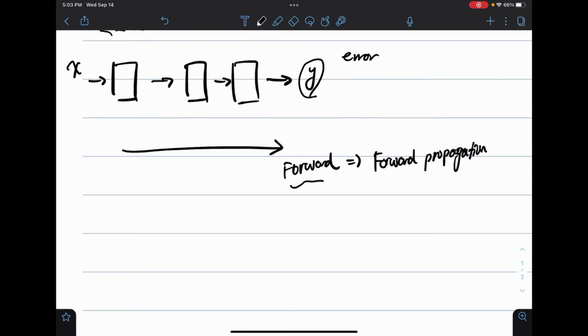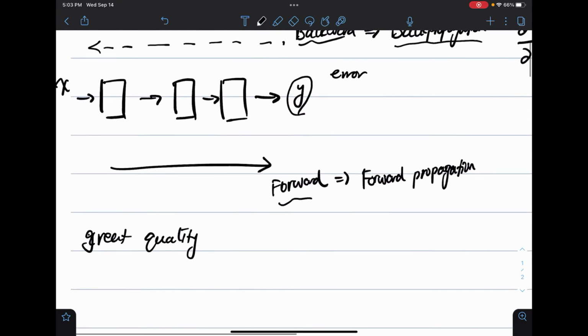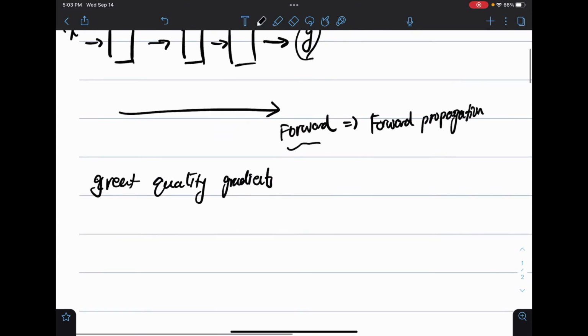Now, again, I'm going to write this: great quality gradients. Great quality gradients are information heavy. They're filled with information, but not just any information, but about patterns.